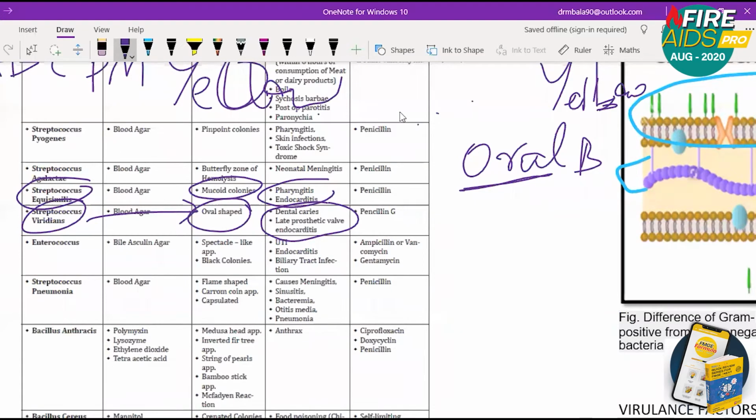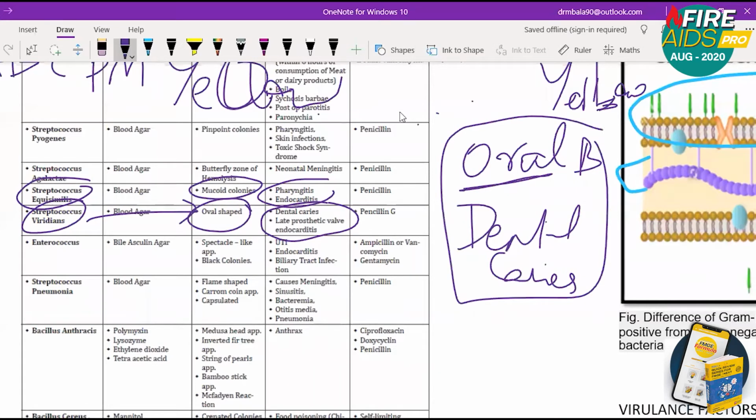The brush is used for teeth, so you can remember dental caries. So I want you to imagine you went to buy an Oral B toothpaste or Oral B toothbrush, but after going to the shop there was a lot of crowd, so you came back home late.